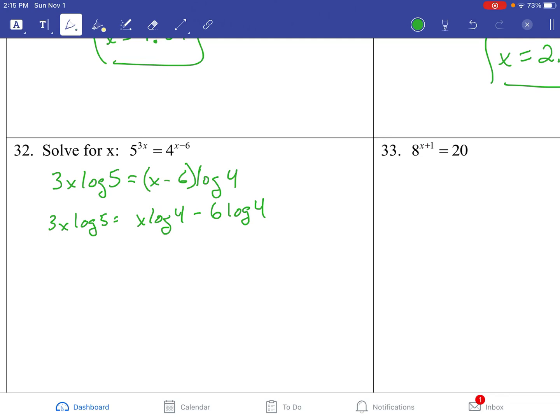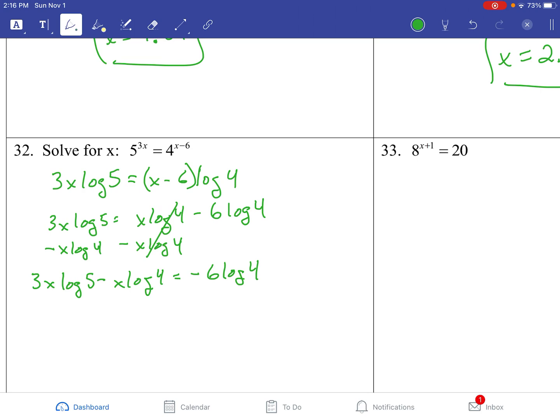Now we have to get the x's both on the same side so we can factor them out. So I'm going to subtract x log of 4. These will go away. I have 3x log of 5 minus x log of 4 equals negative 6 log of 4.